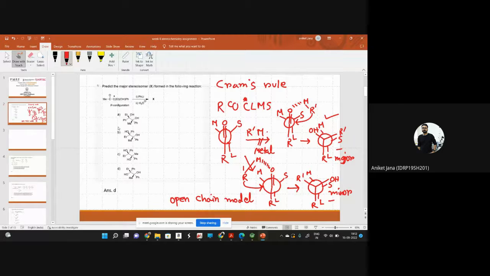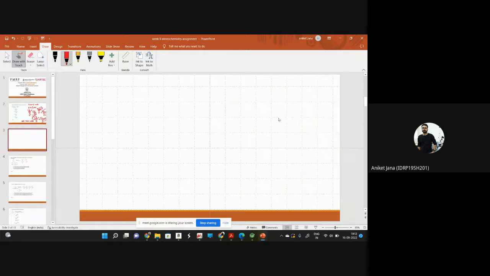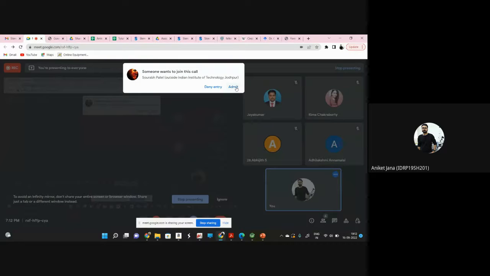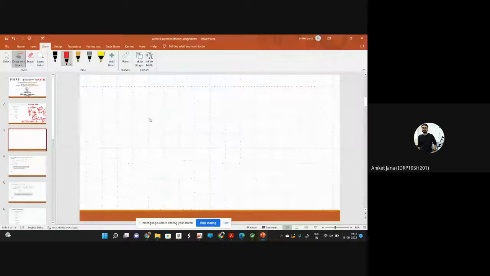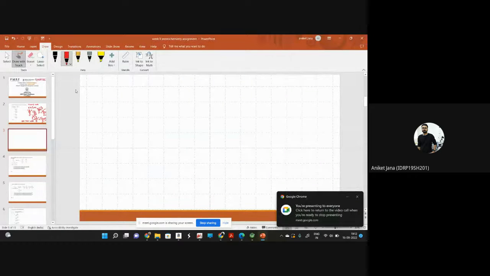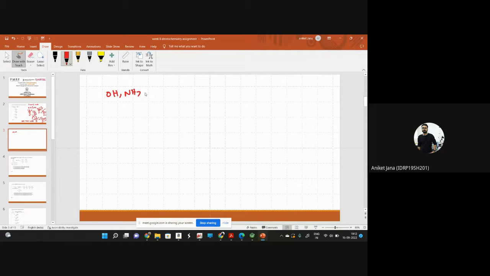Okay, so now let's focus on the problem given in our question. Now in this part, we will see that if one of the substituents on the stereocenter, which I designated in the previous problem as small, medium, and large, is a chelating group like OH, NH2, or OR present on the stereocenter carbon, then we go through a different model.